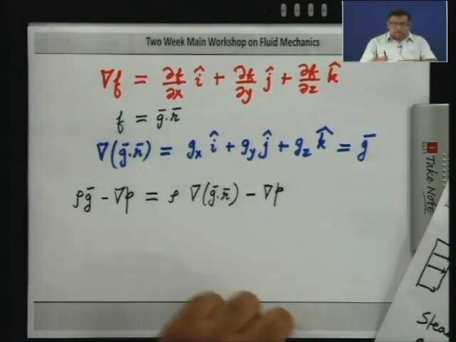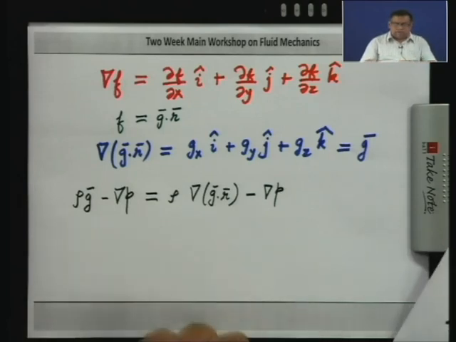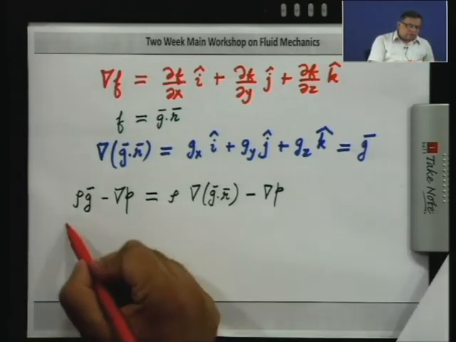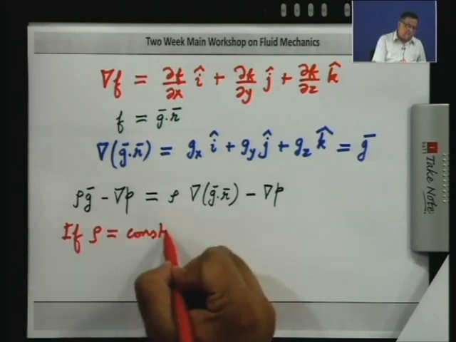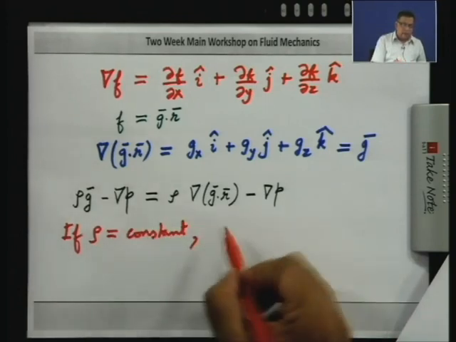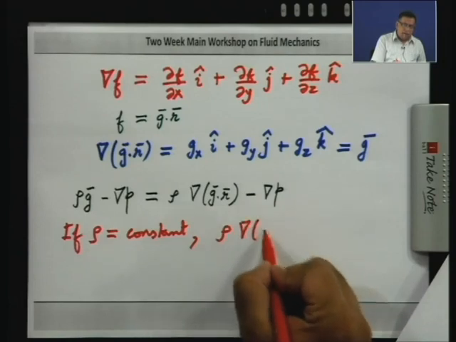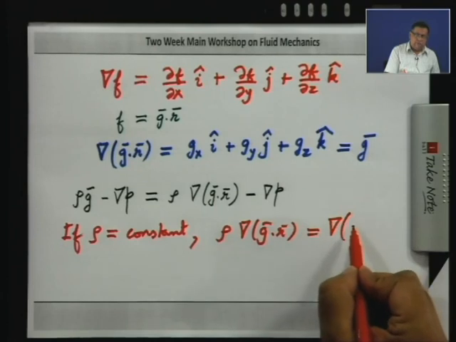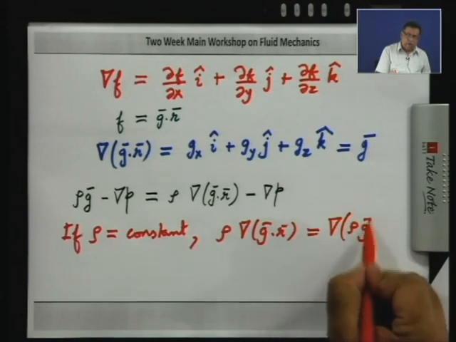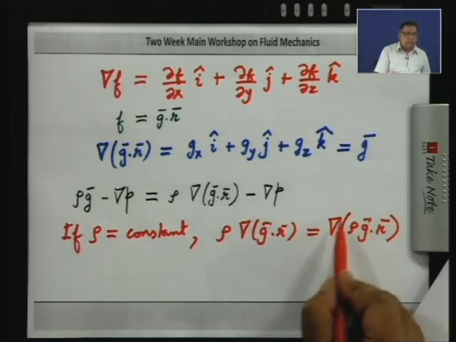Now, we will consider cases where the density is constant. So, if rho is constant, then rho times grad of g dot r can be written as grad of rho g dot r. This grad is a differential operator.